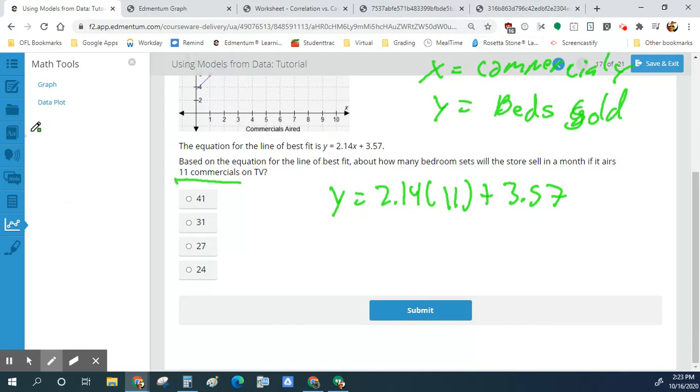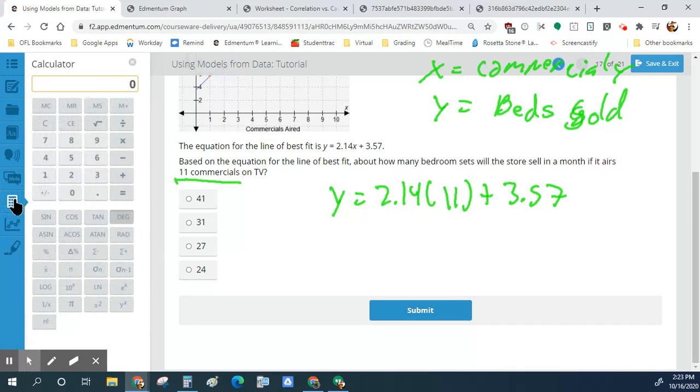I don't think I've used this enough in the previous videos, but they do have a pretty interesting calculator here. So I'm going to do 2.14 parentheses. Oh, this is why I don't use their calculator.